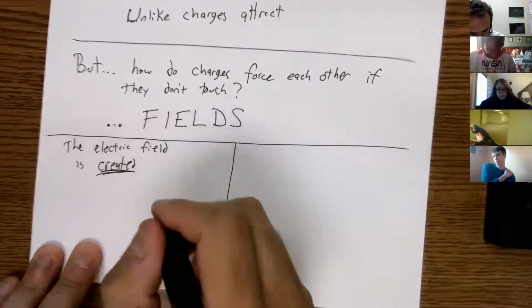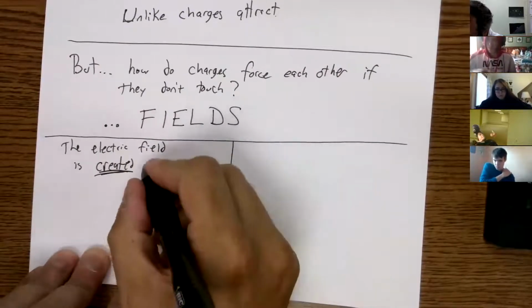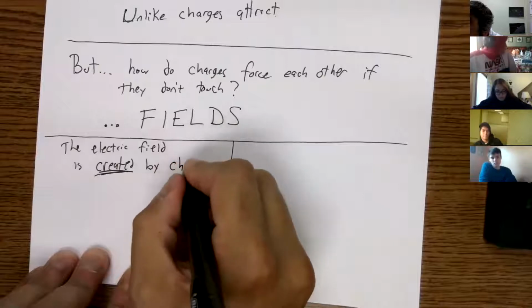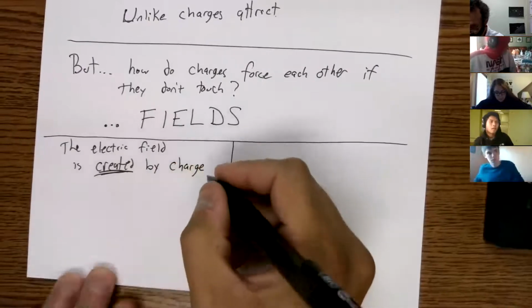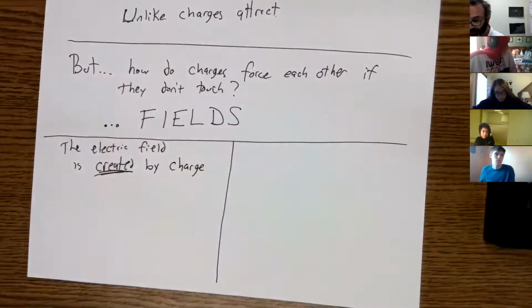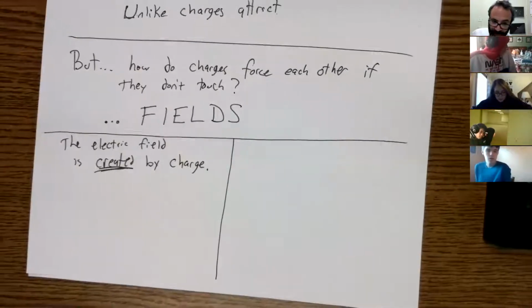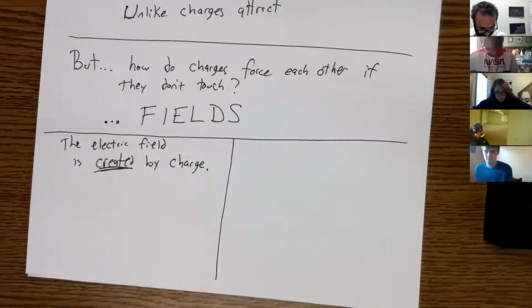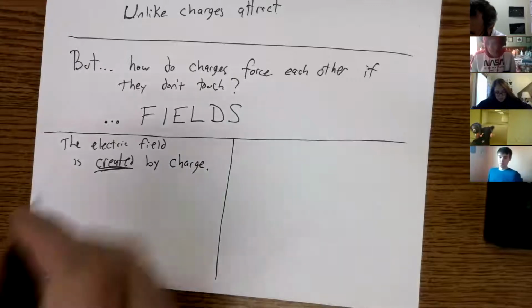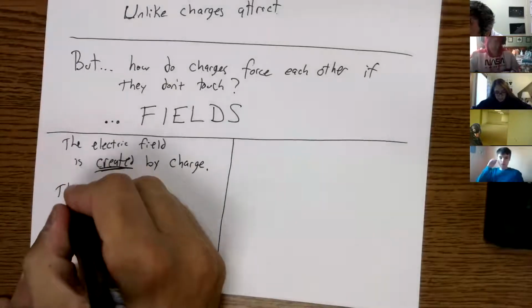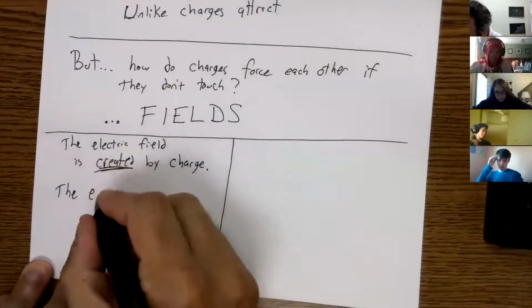If you have a charge, you're going to have an electric field. And we're going to get into detail on how Coulomb's law creates an electric field from a charge. So the electric field is created by charge, but the other thing that's equally important is the electric field affects charges.